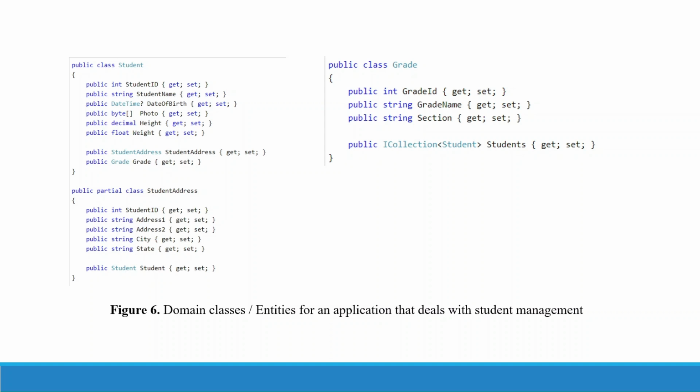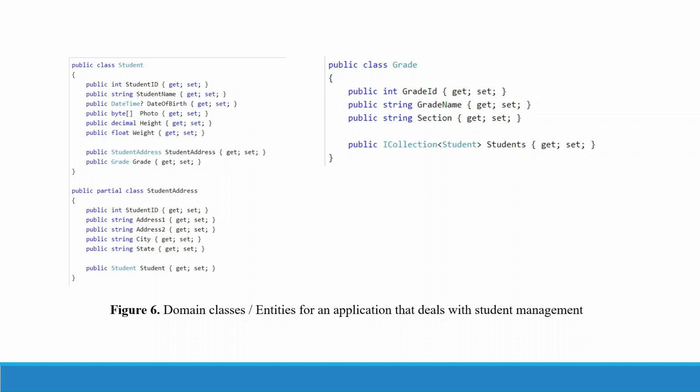Here we have some examples of domain classes or entities for an application that deals with student management. It's a simple application with three entities: Student, StudentAddress, and Grade. StudentAddress describes the address of a student, and Grade describes the grade the student has. Notice that every entity has some properties.